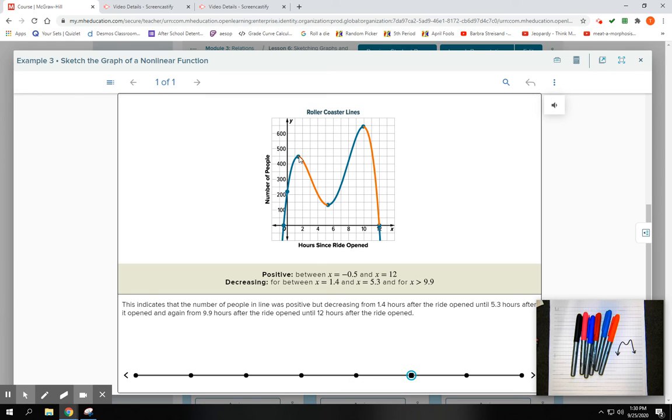And we're also decreasing from 1.4 to 5.3, and then all of this after 9.9 is decreasing. So it almost looks like a roller coaster itself, going up, coming back down, going back up, and coming back down.